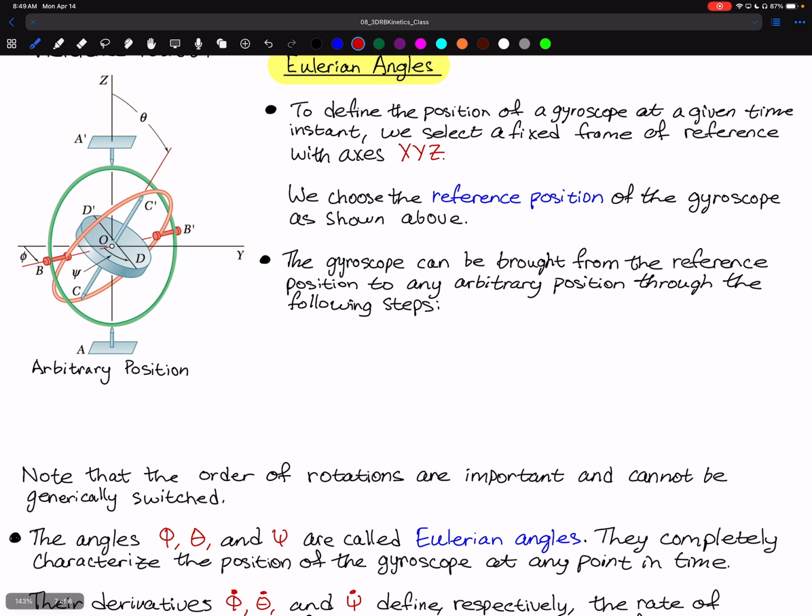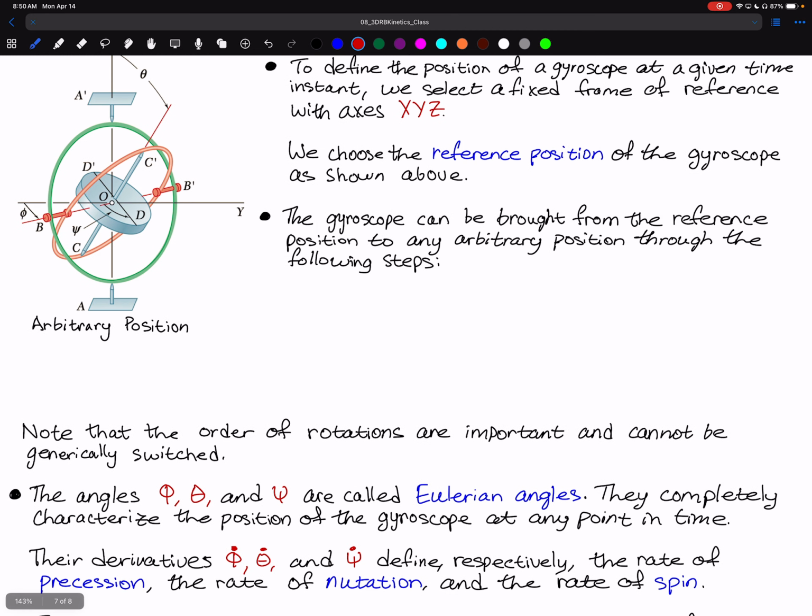We're going to reach any arbitrary position using 3 steps, where the order of these steps is critical and matters. You cannot switch the order of these steps. We're going to start with, 1, a rotation of the outer gimbal through angle phi.